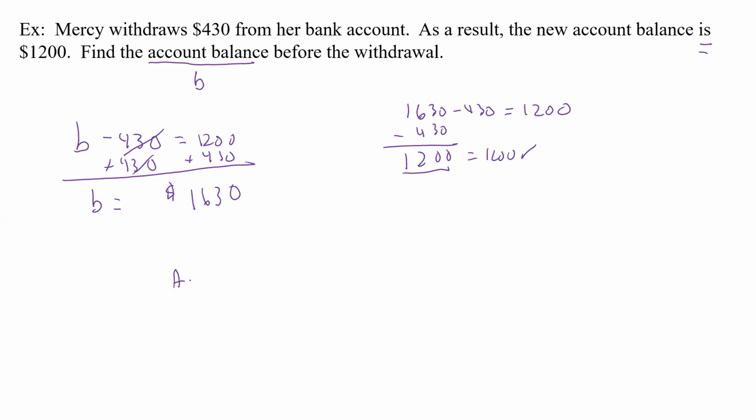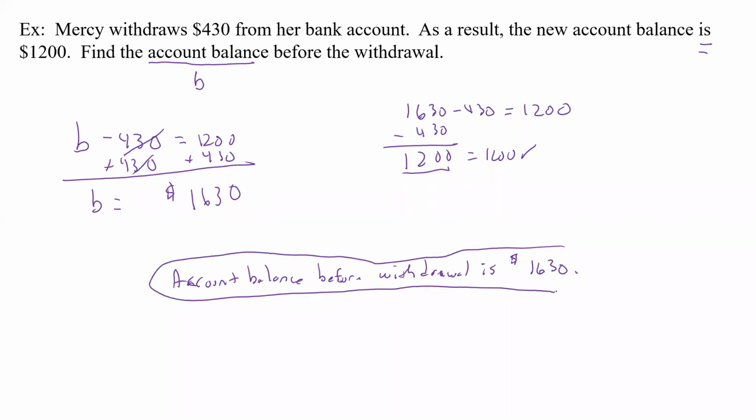So the account balance before withdrawal is 1630. And again, remember your units. This time the units was dollars, and so then that would be your final answer.